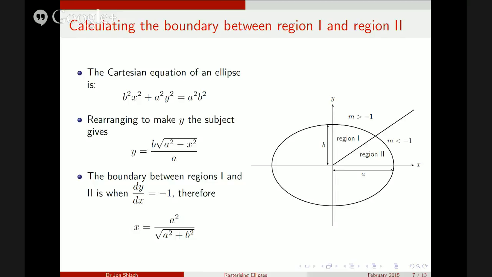Okay, so there's a bit of calculus. If you're wondering where I got x equals a squared over root a squared plus b squared, that's where I got it from. So that's my x coordinate at the point where the gradient is equal to minus 1, and it's all in terms of the major and minor radii.